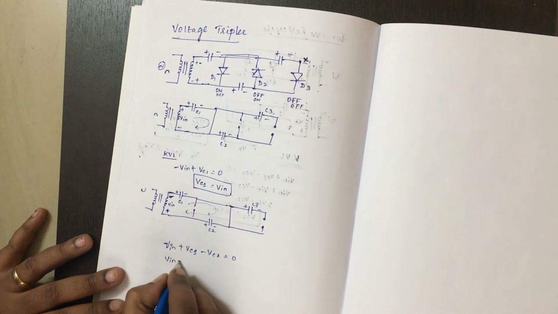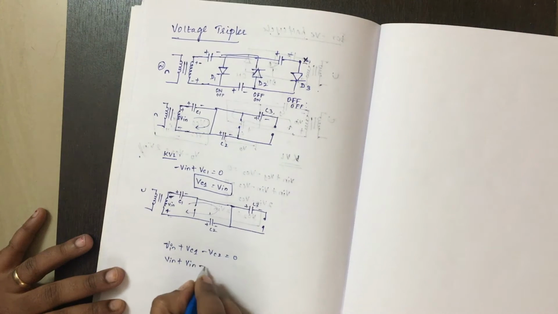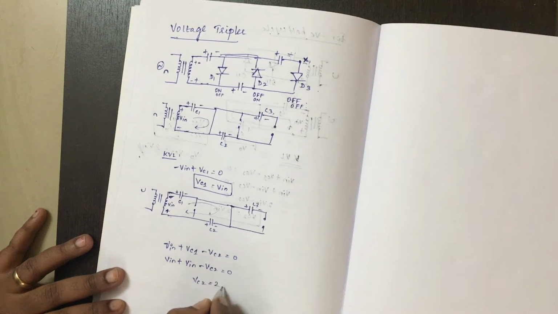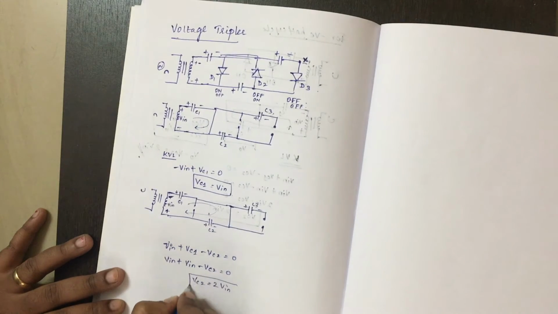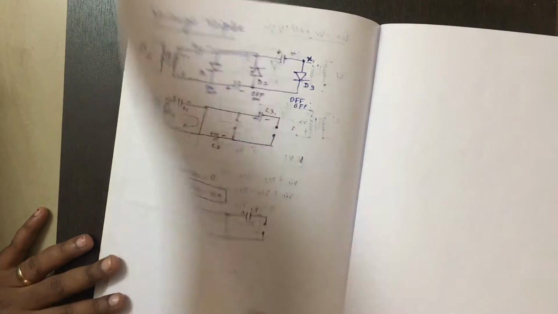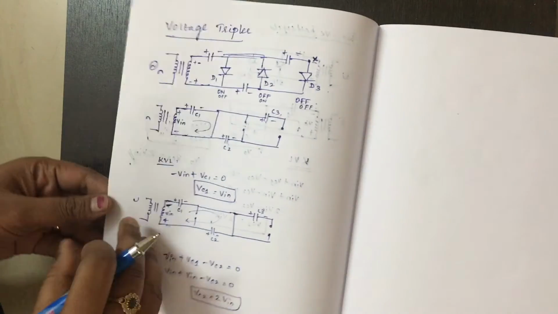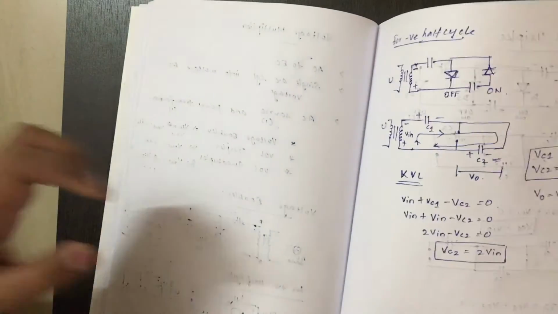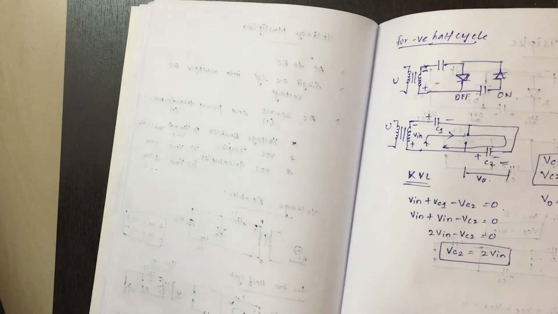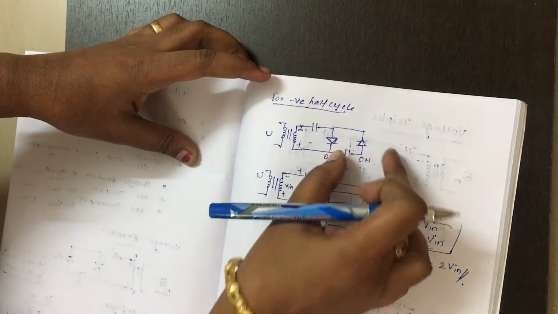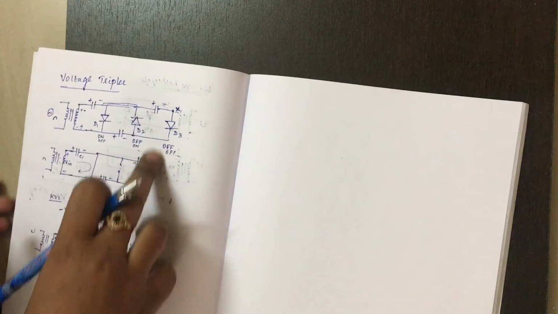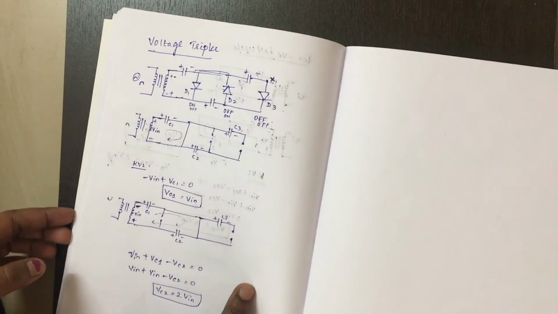So Vin, Vc1 is equal to Vin, Vc2 is equal to 0. So Vc2 equal to 2Vin. This 2Vin we have derived in voltage doubler itself. So I am again doing it for each closed circuit here also, so that it will be easier for you to understand.